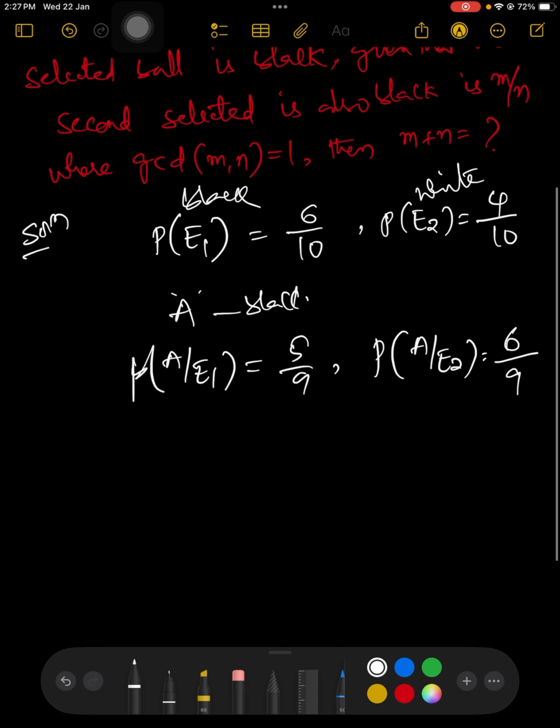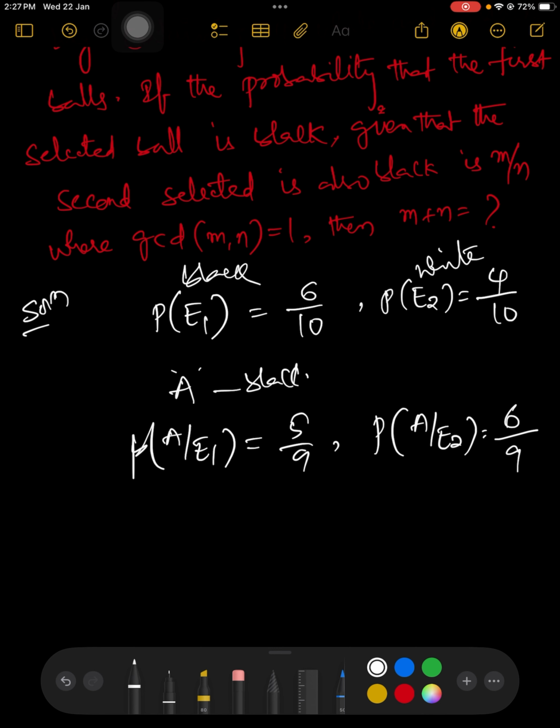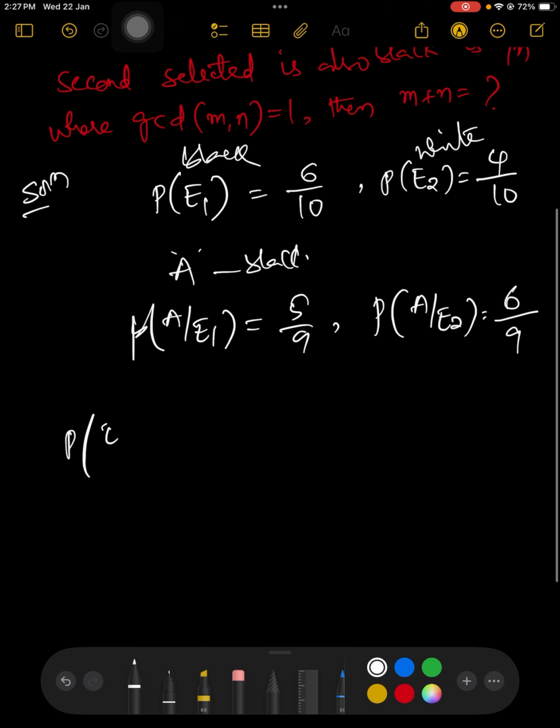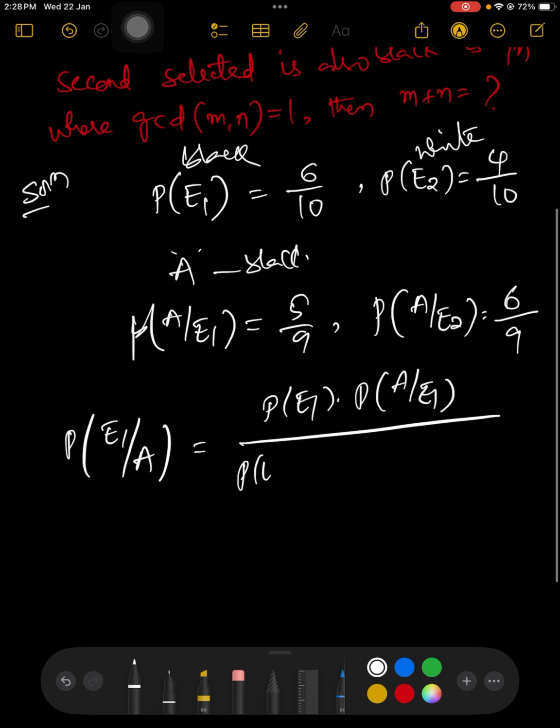Now what we need to find, the probability that the first selected ball is black. So we have to say that P of E1 given A is P of E1 into P of A given E1 divided by P of E1 into P of A given E1 plus P of E2 into P of A given E2.